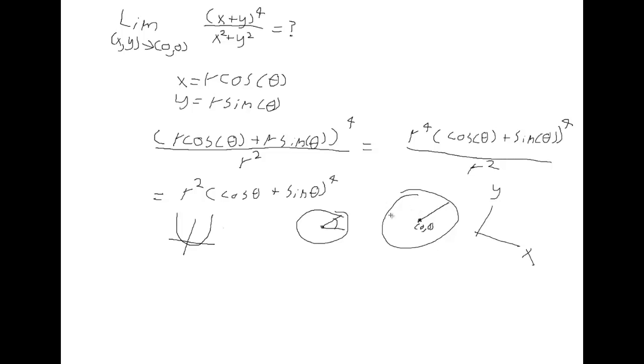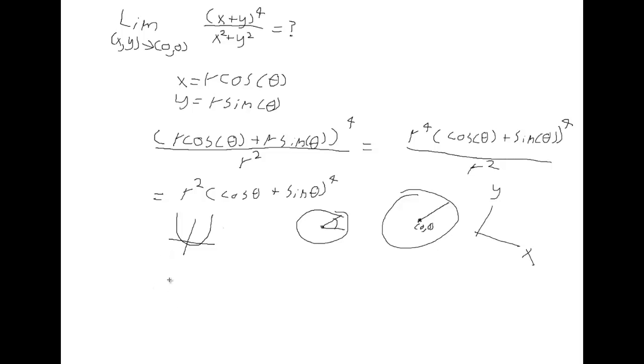So we won't need to account for theta in our evaluations, and we only need to account for r. So that means that for any theta, as we approach this, we're going to be approaching the same value.